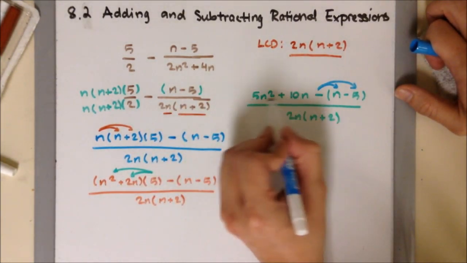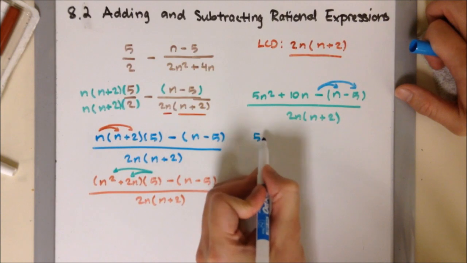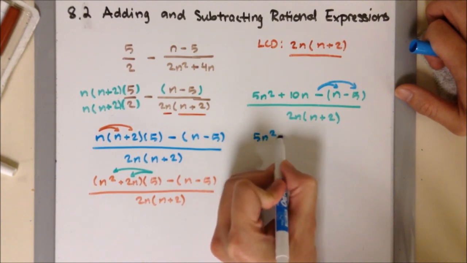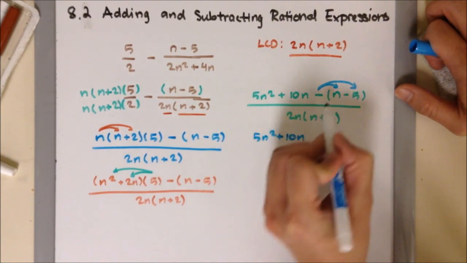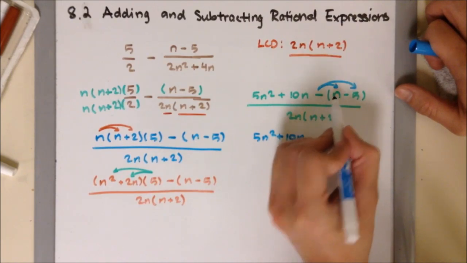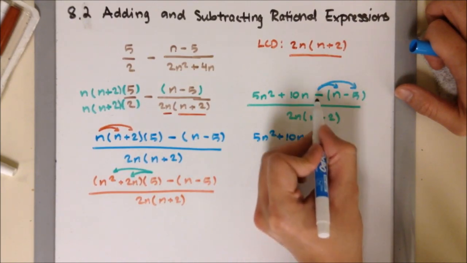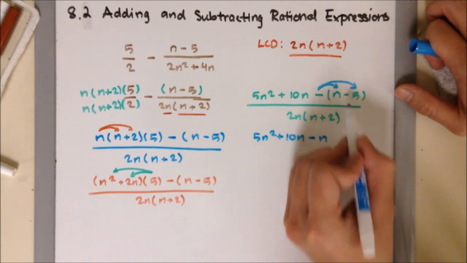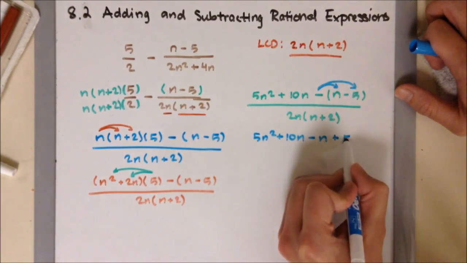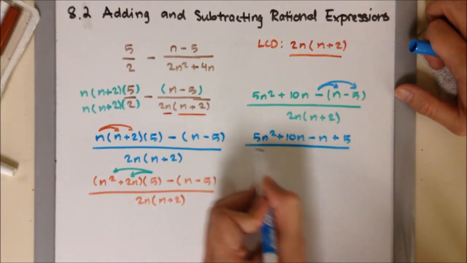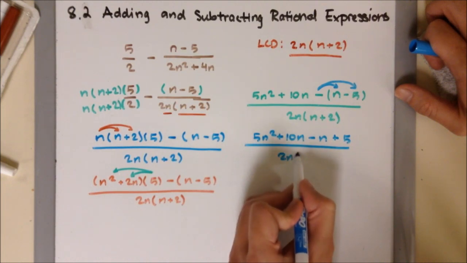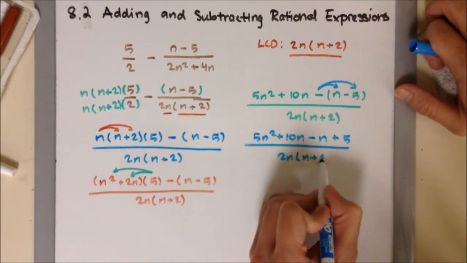So the first part, 5n squared and the 10n, will stay the same. Now I'm going to distribute my negative to the n, that would be negative n. Distribute my negative to the negative 5, that one will become plus 5, so it changed sign, over the LCD 2n times n plus 2.